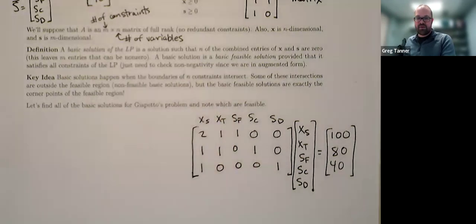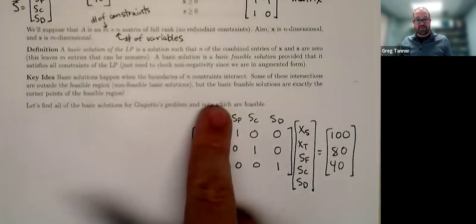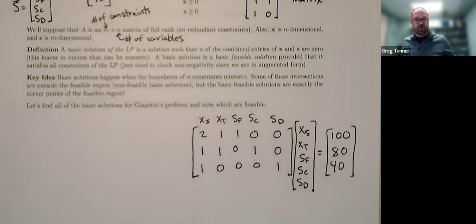Some of these are outside of the feasible region, and that's where you get non-feasible basic solutions. Some are inside or on the boundary of the feasible region, and those are our corner points. We said last week that the corner points are where the optimal solutions are.